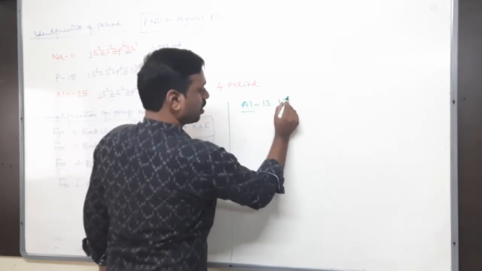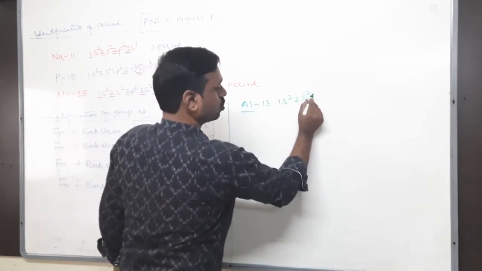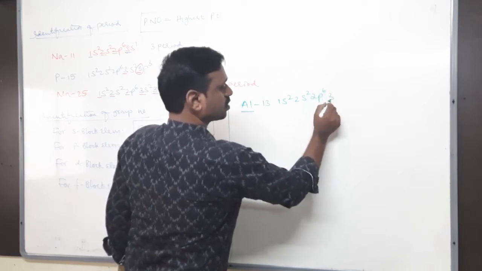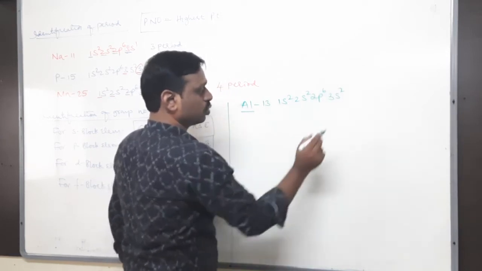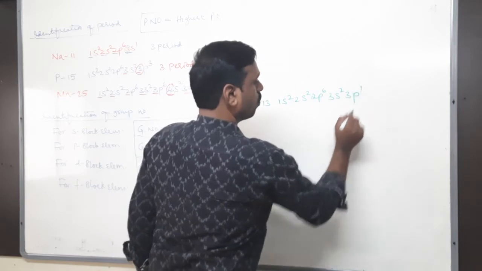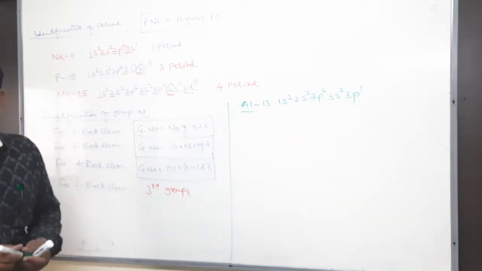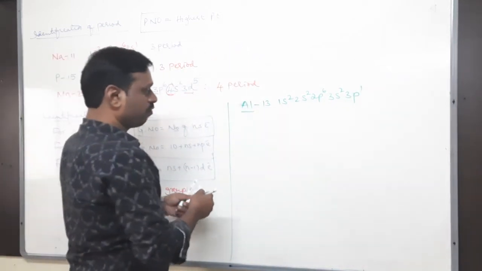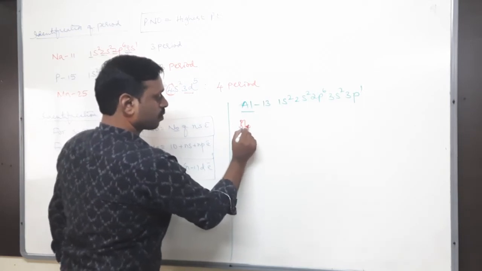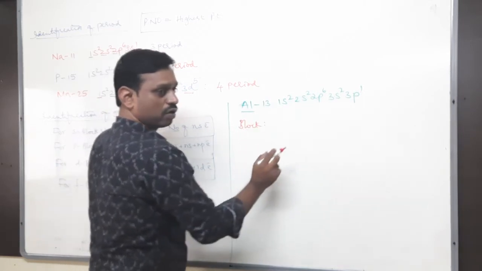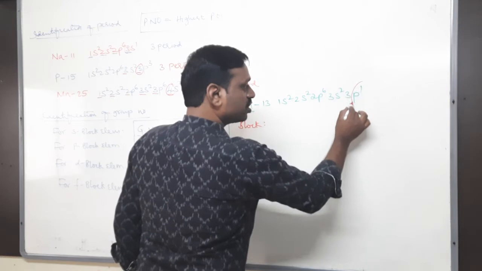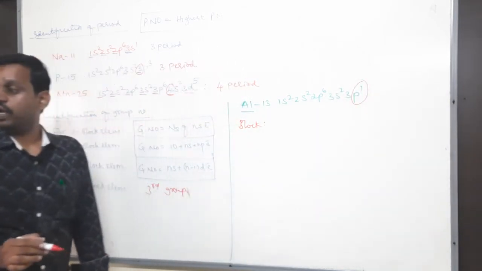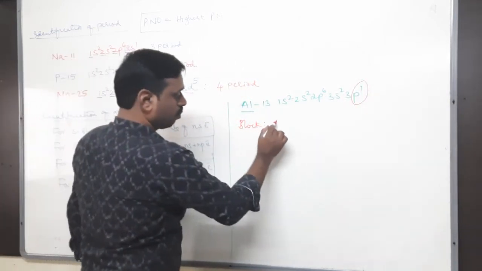Its electronic configuration is 1s2, 2s2, 2p6, 3s2, 3p1. Tell me the block first. It is a p block. Why? The differentiating electron is present in the p orbital. Therefore it is a p block.